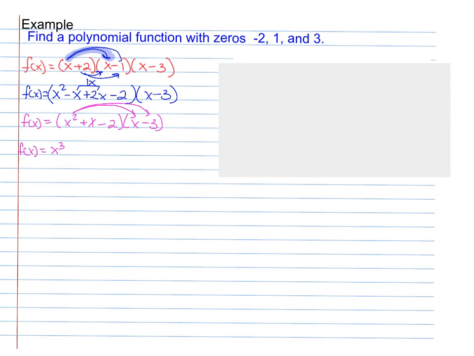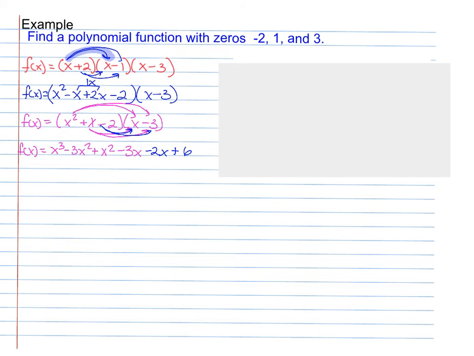That gives us a -3x squared. Now we're going to do the bottom. This number times that number, positive x squared. That times that is -3x. The next one, I'm going to do a different color. -2 times that is a -2x. And -2 times that is a positive 6.